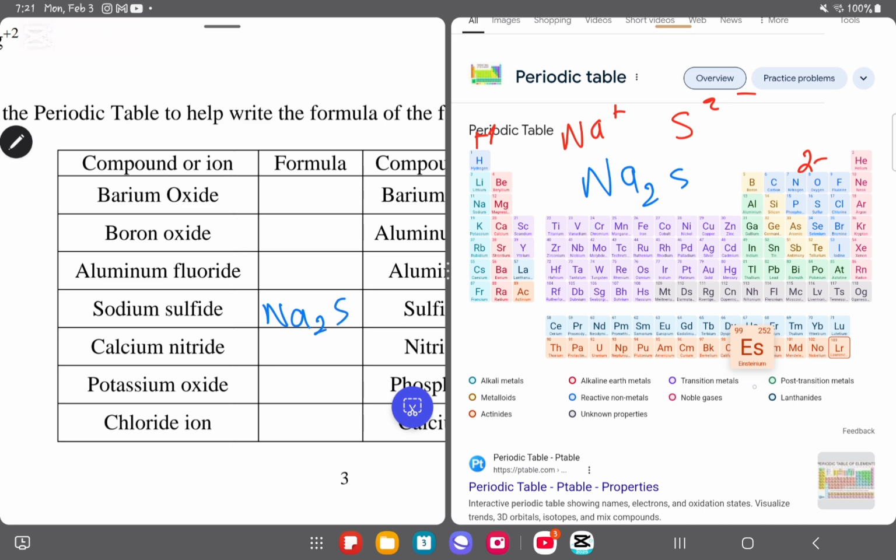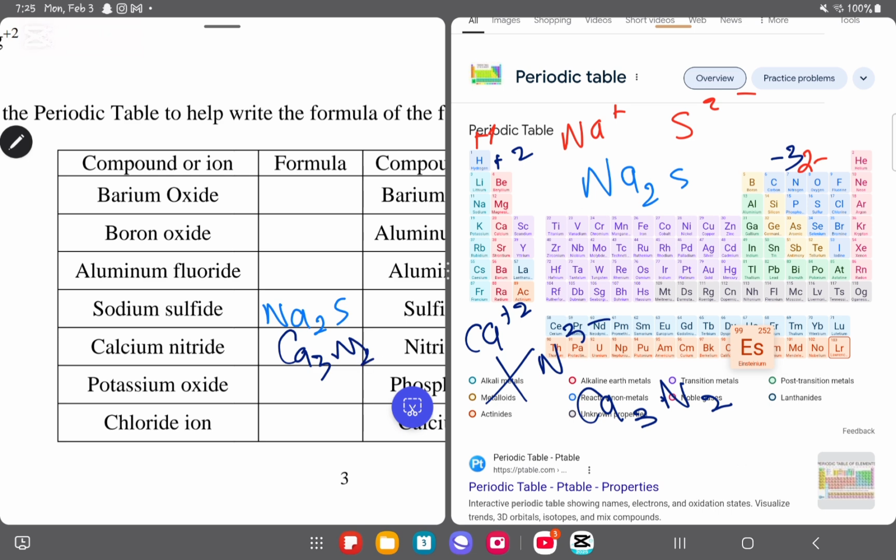Calcium nitride is gonna be Ca, so +2, and nitride is -3, so it's gonna be Ca2+ and then N3-. You do the crisscross method, you're gonna get Ca3N2.